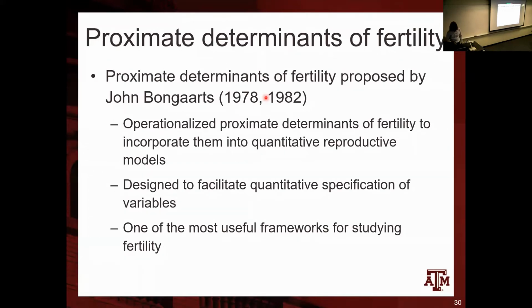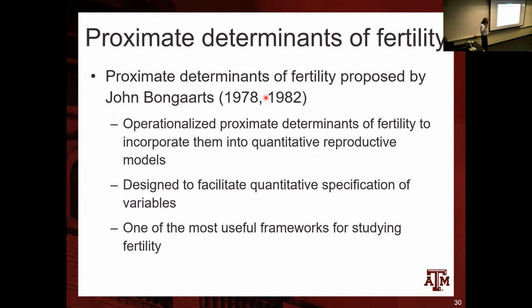And Bongaarts said, okay, you have all these different variables, they are important, but it's really hard to collect all this data from all these different countries, and mostly for developing countries it might be difficult. So he tried to operationalize all these variables in a simpler framework.